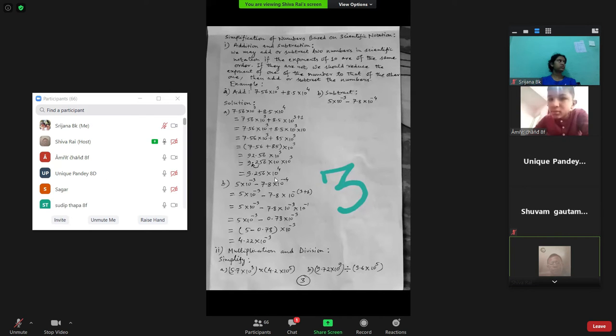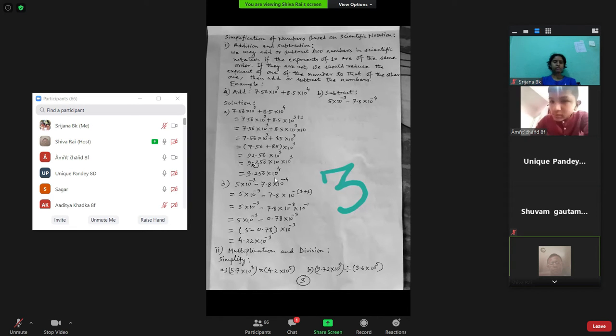You look here. 5 into 10 to the power minus 3, minus 7.8 into 10 to the power minus 4. We can write it as minus, in the bracket, 3 plus 1. Actually minus 3 plus 1 is minus 4 again. Just we are converting into the same exponent, same order, to match the first term.